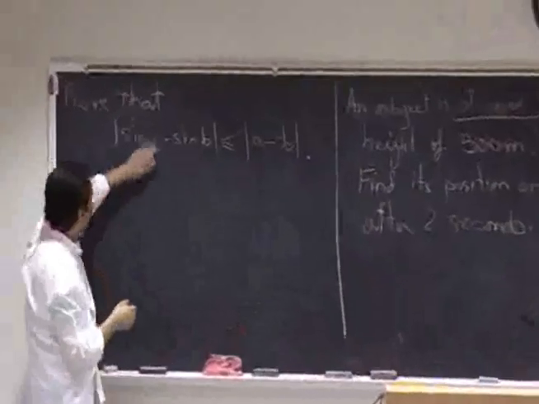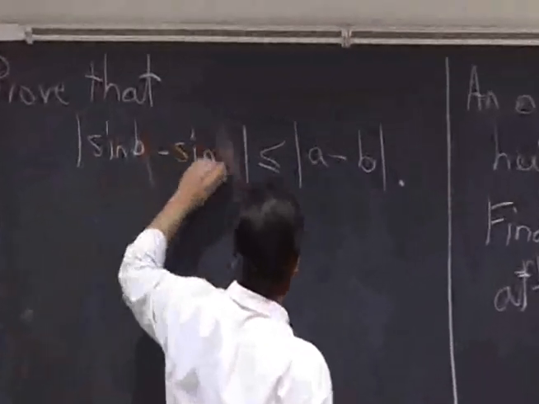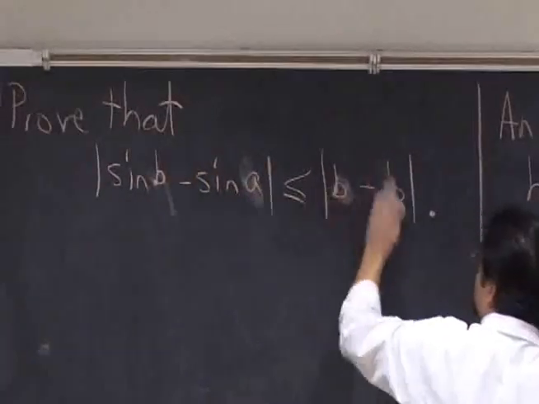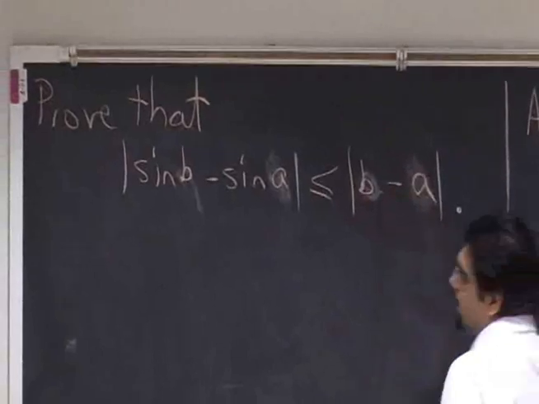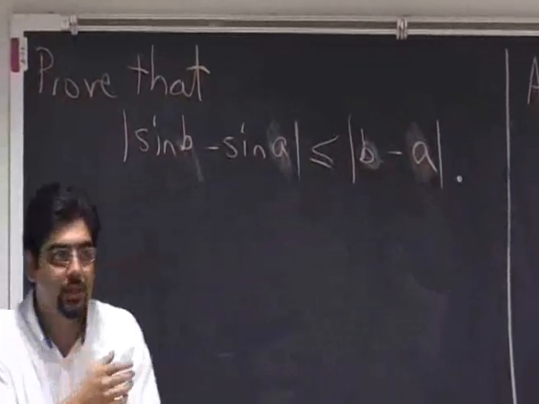Nothing would change if I replace this by b and this by a, because we're working with absolute values. So maybe it's easier to the eye if we write it this way. Nothing really changes.